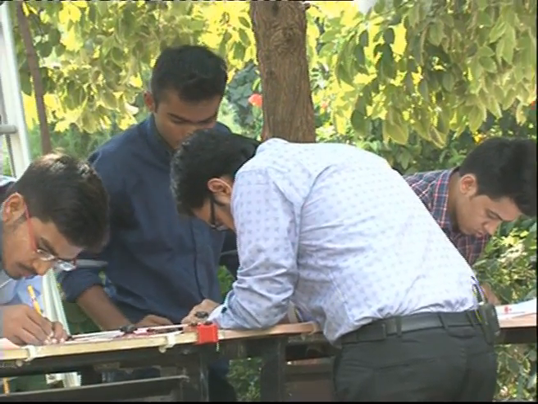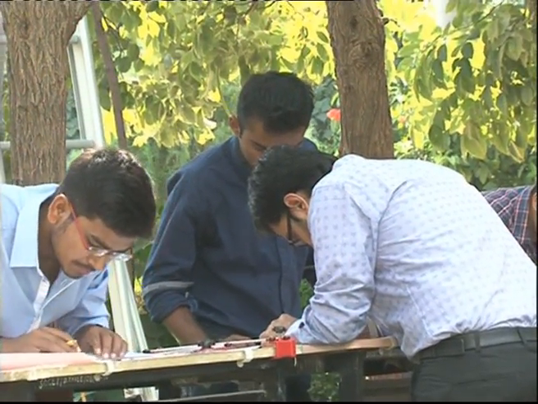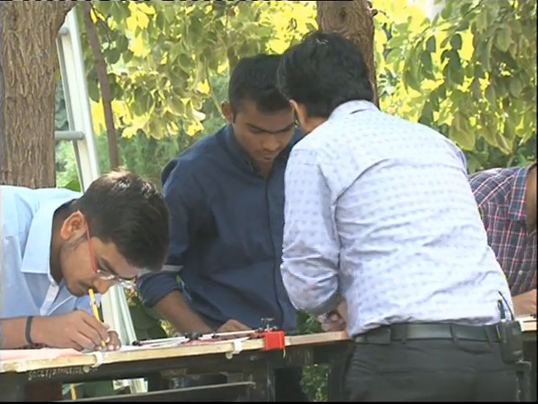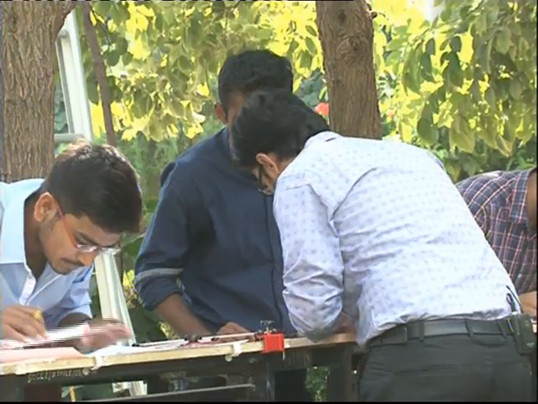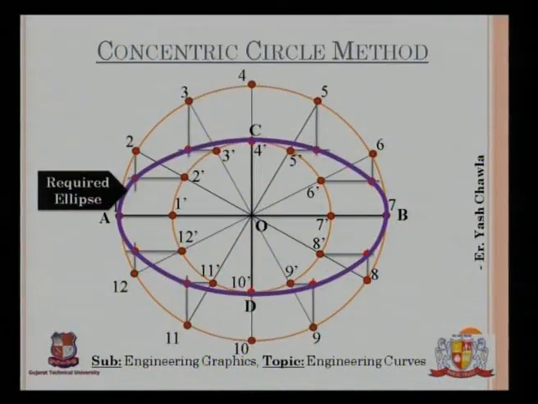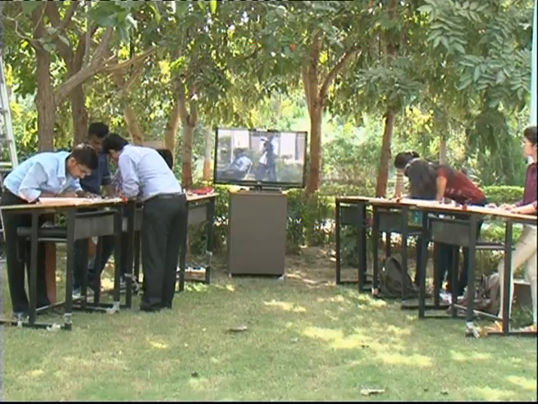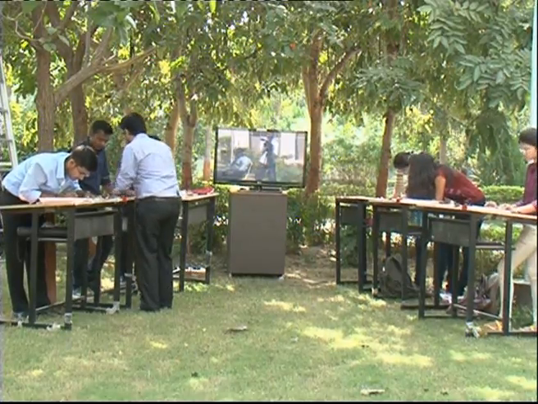These are the points, right? Keep your hand like a pivot, and then you draw the curve this way. Done.